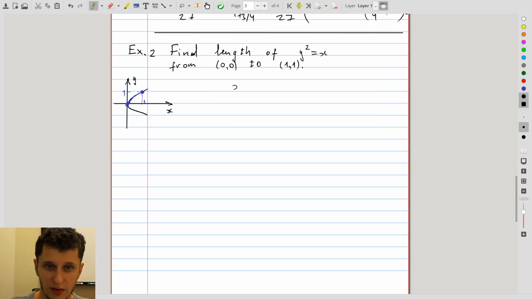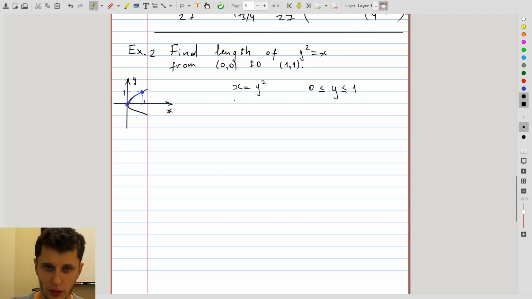So we think of it as x equals y squared, and y, again, we can see from the second coordinates for these 2 points, also changes between 0 and 1.